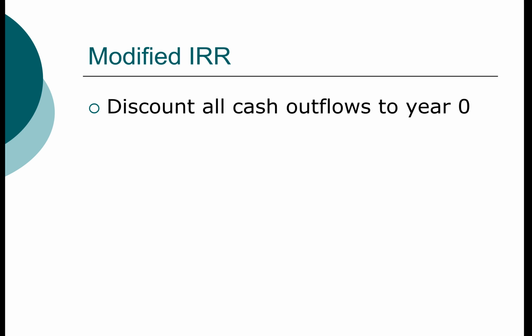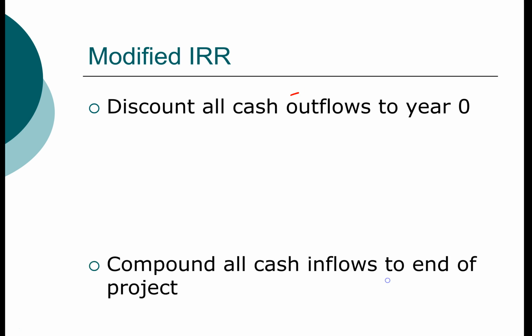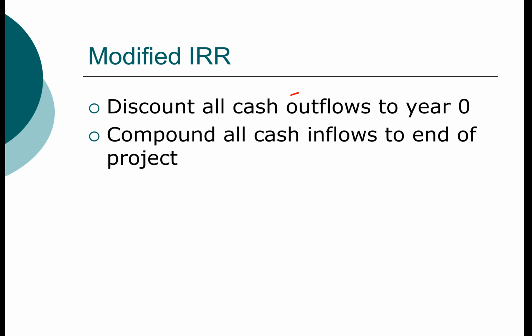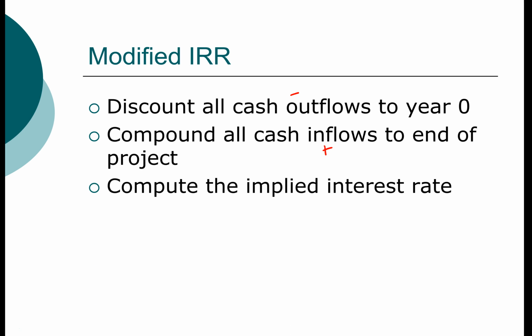In the first step, we discount all the cash outflows to year 0. So these will be negative cash flows. And then we will compound all positive cash flows, so cash inflows, to the end of the project. So this is step 1, step 2, and then step 3 is to compute the implied interest rate. And the implied interest rate is the modified IRR.